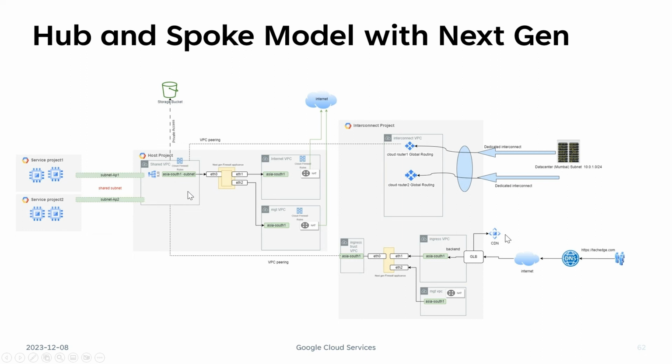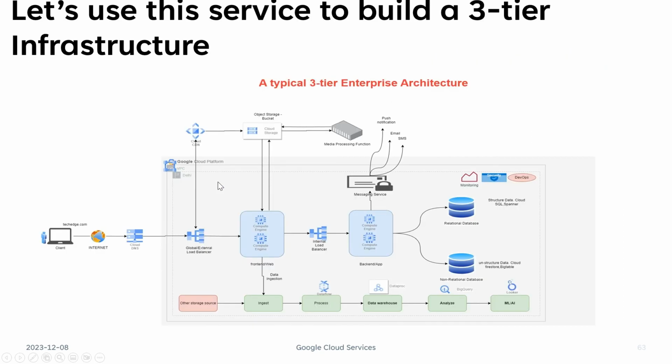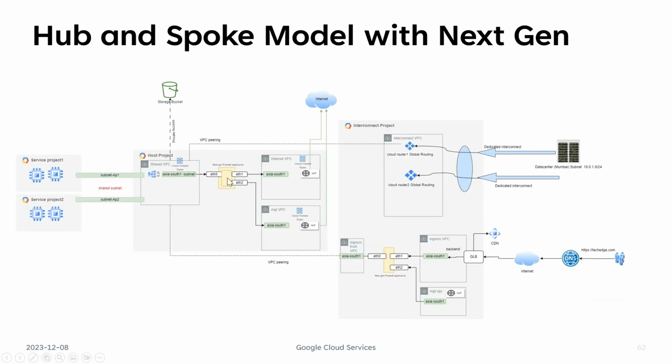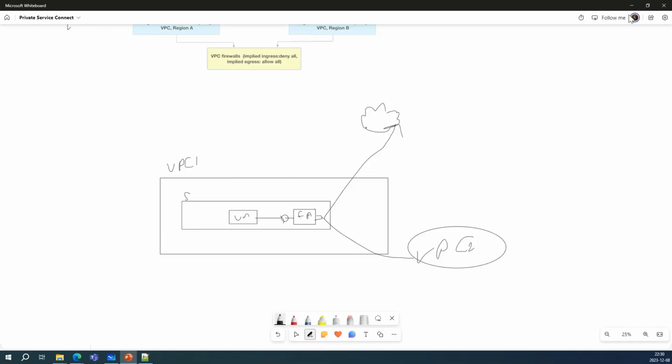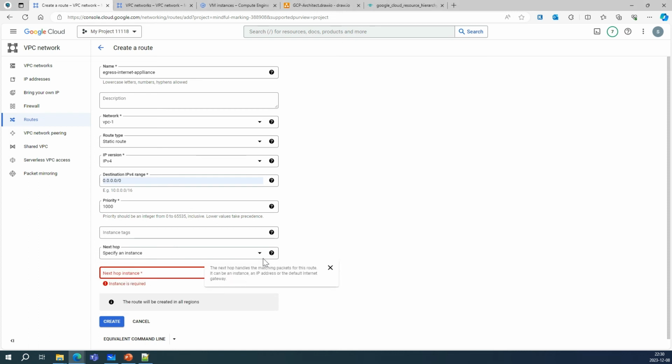This is my VPC, and my VM is saying I want to go to internet. How does this go? This is your firewall appliance, right? So you can put the next hop as the IP of this firewall appliance. I'll come to this later. But since I do not have the firewall, I cannot put it.